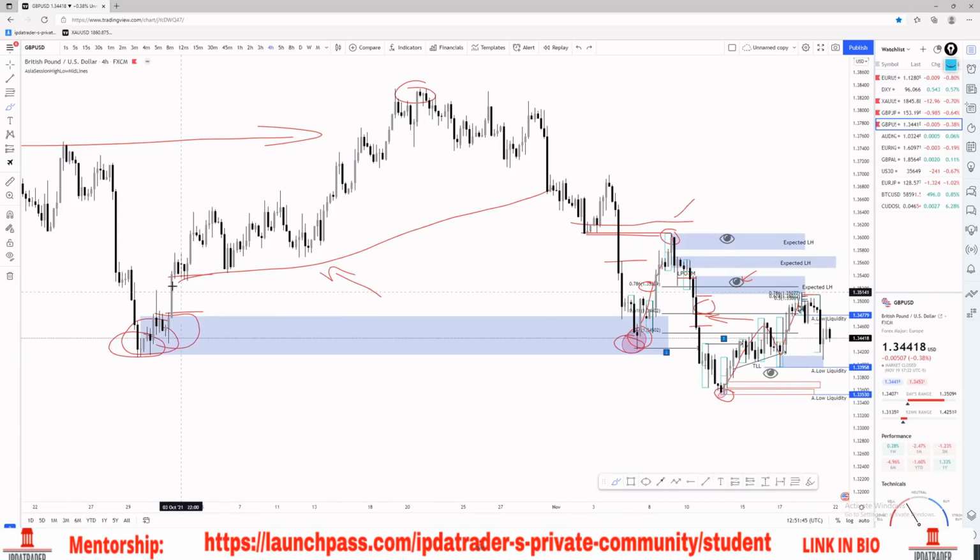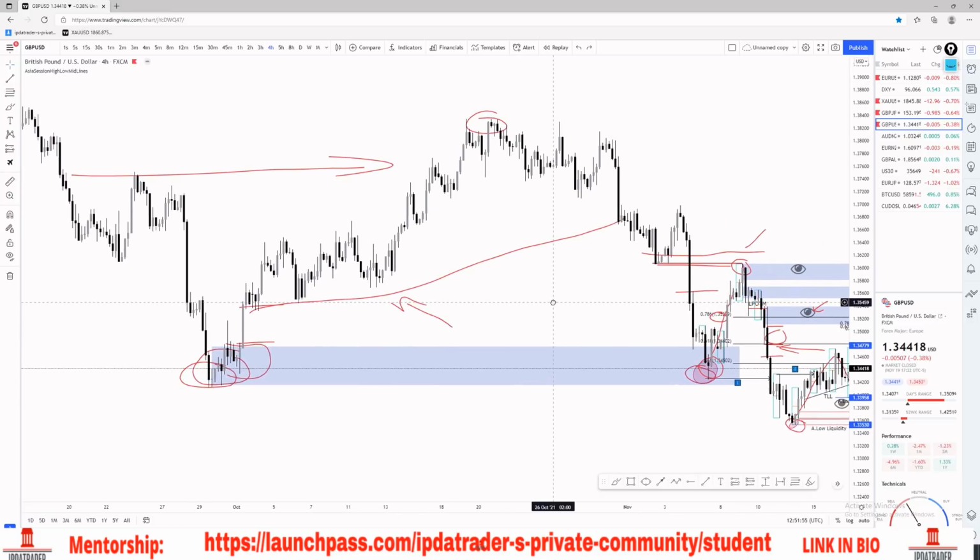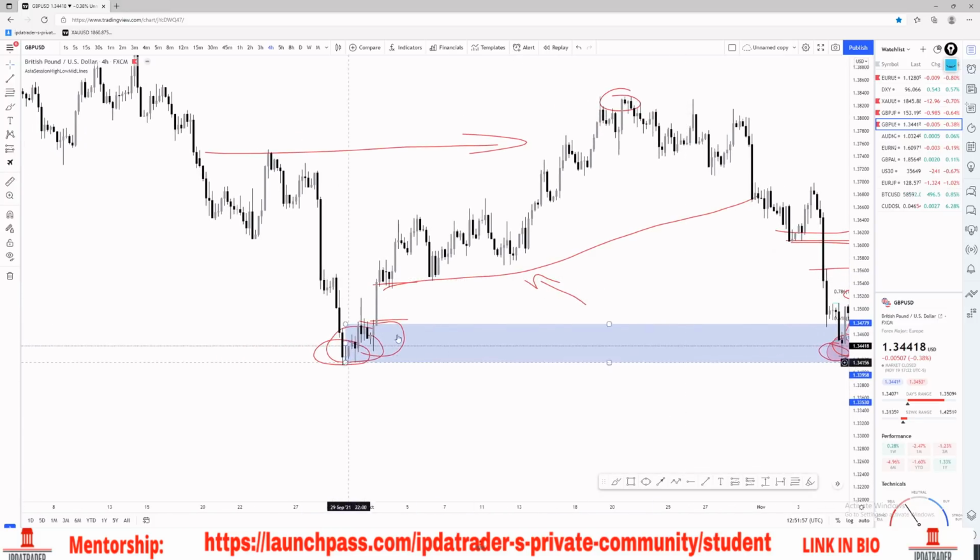So not only can you use imbalances as sort of an extra confluence into your point of interest, but you can use them as targets, right? Because if you happen to, let's say, get into a buy anywhere inside this area for whatever reason it may be, once again, we're just focusing on imbalances, right?